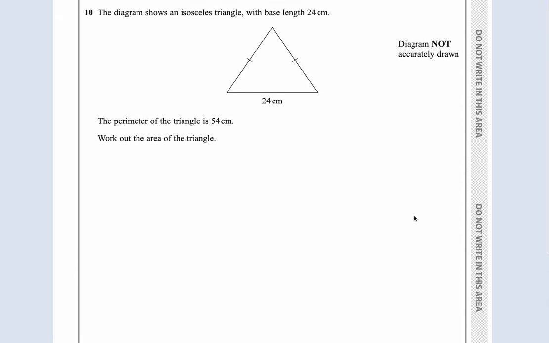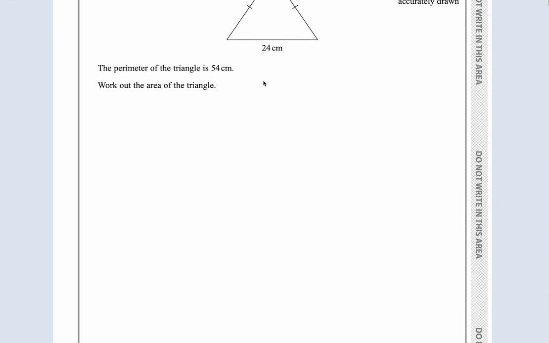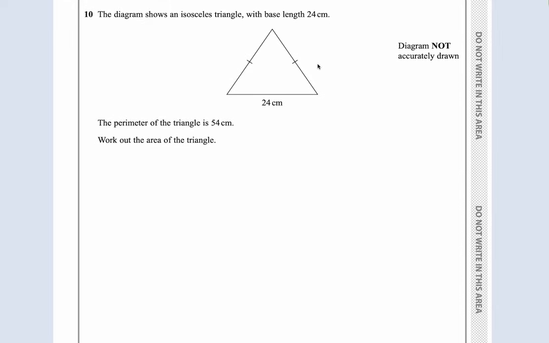Question 10. Isosceles triangle base 24. The perimeter of this triangle is 54. Work out the area. Okay, that's a nice question, guys. It's 5 marks, so we have some work to do. To get the area, I need base times height. So I need to find this height.